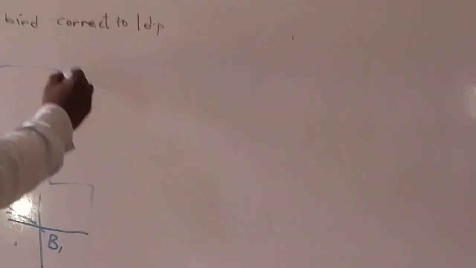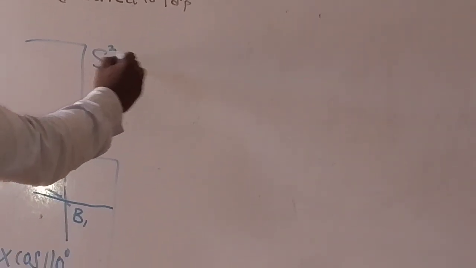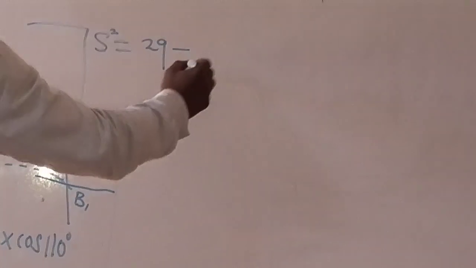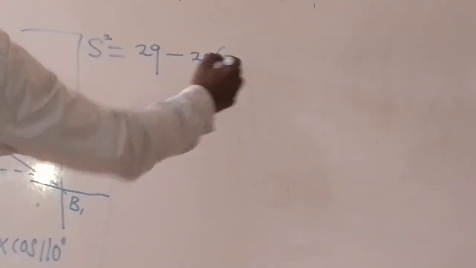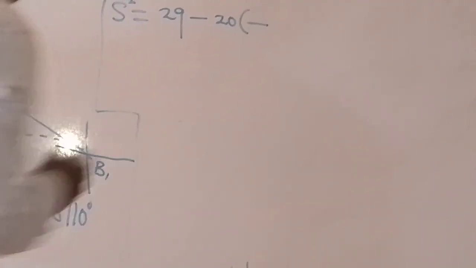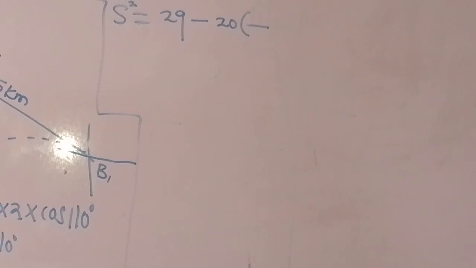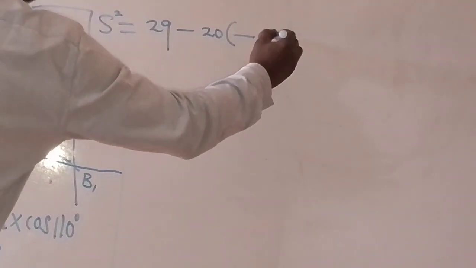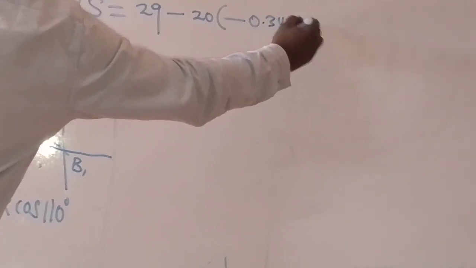So permit me to continue here. You have x squared with 29 minus 20 open bracket. I know that cos 110 will be negative. From the calculator, that is minus 0.3420.